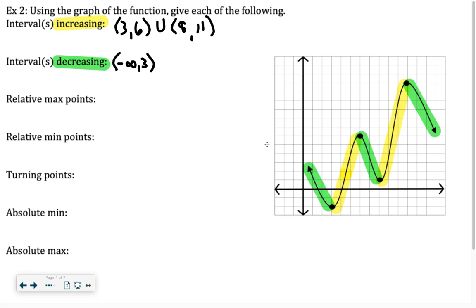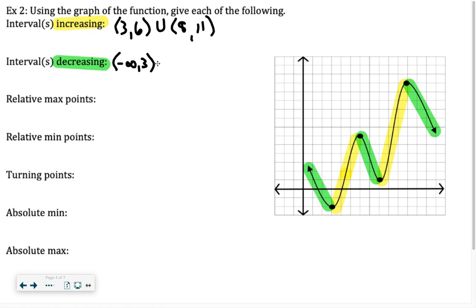Okay, now sometimes students are tempted to say that the function is increasing on this interval because we see that it is going up. However, we always need to make sure we're looking at the graph from left to right. Okay, so from left to right, this piece of the function is decreasing. All right.